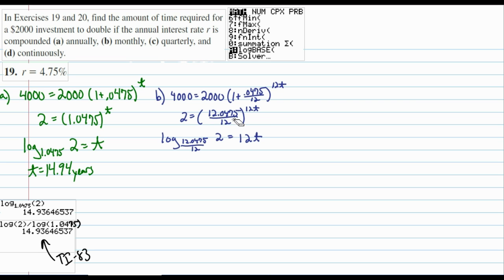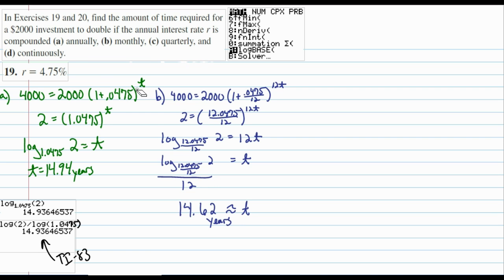So log base, the base of my exponent, of 2 equals my exponent, 12t. Divide both sides by 12, and I get t equals about 14.62 years. So a little bit less, which is true, because the more you compound, the more interest you're going to make. So a little bit less than compounding annually would be compounding monthly.